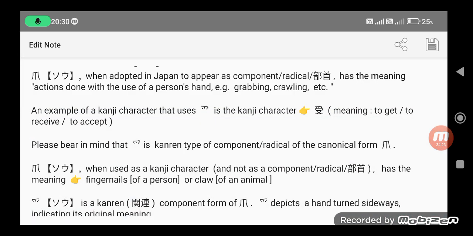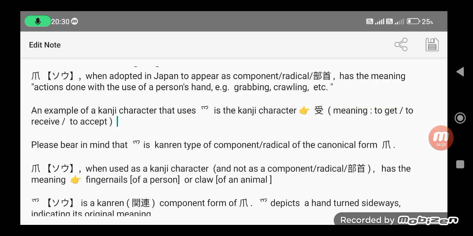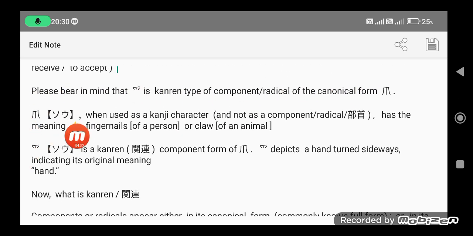Sorry for that mistake. So this kanji bushu or radical is used here in this kind of character, meaning this is shu, meaning to get or to receive or to accept.